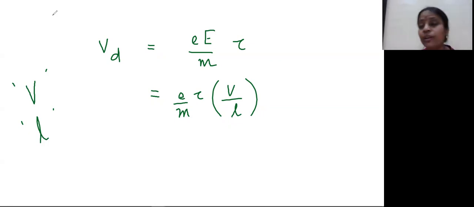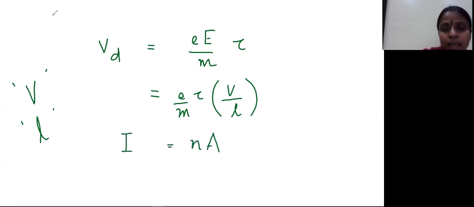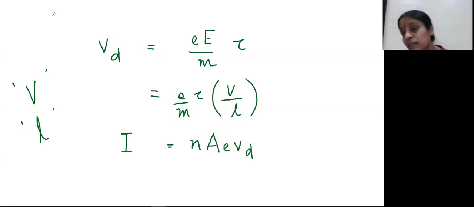Now what am I going to do? We also derived the relationship between current and drift velocity. And what did we write that as? We wrote it as I equals nAe Vd. Again, please, if you have not watched the previous video, go back and watch and then come back to this video. Otherwise, you're not going to follow what I'm saying now. So the current flowing through the conductor in the presence of an electric field is given by nAe into Vd.